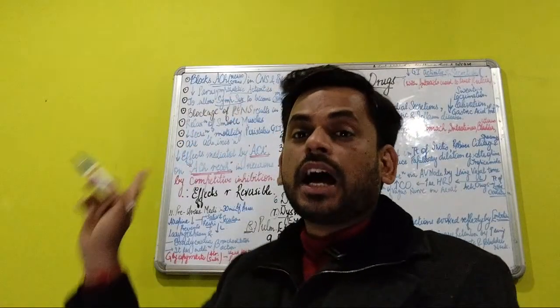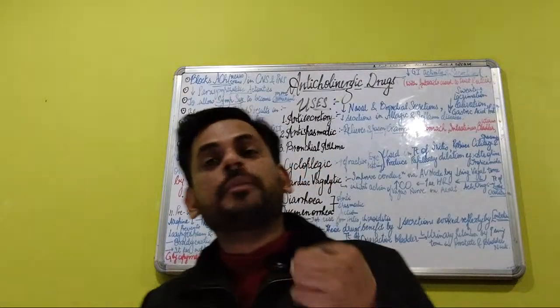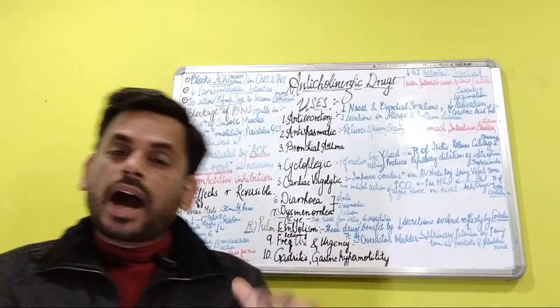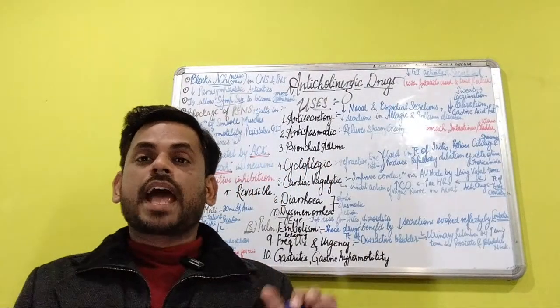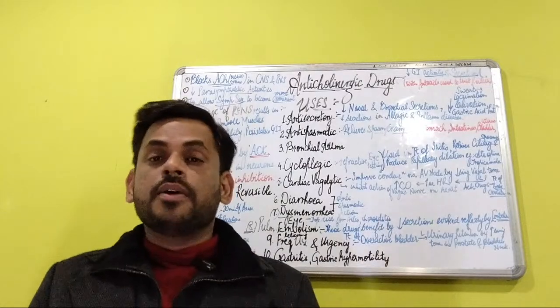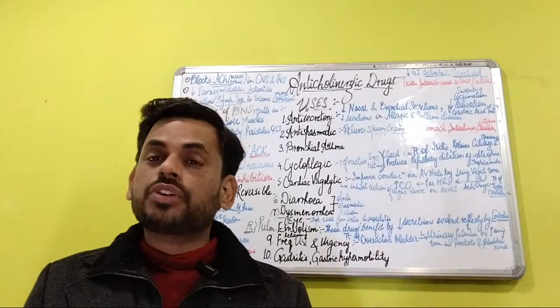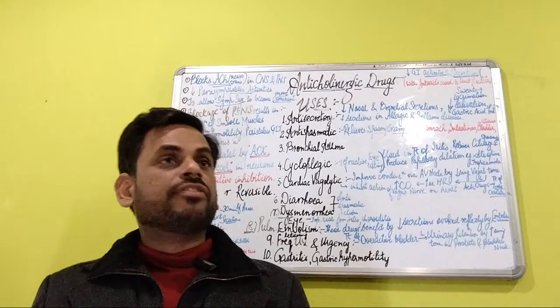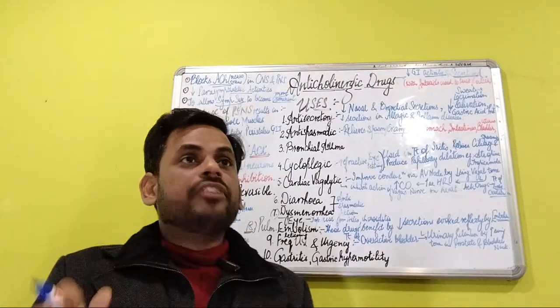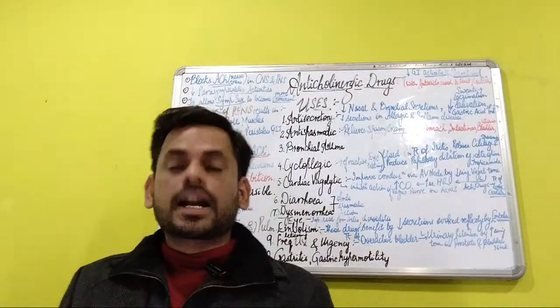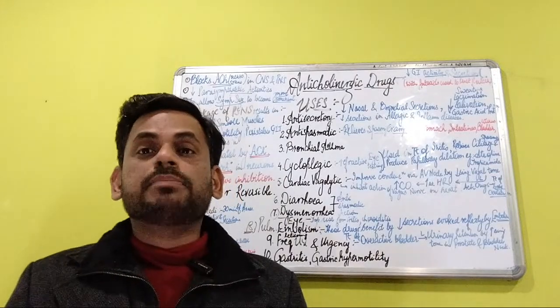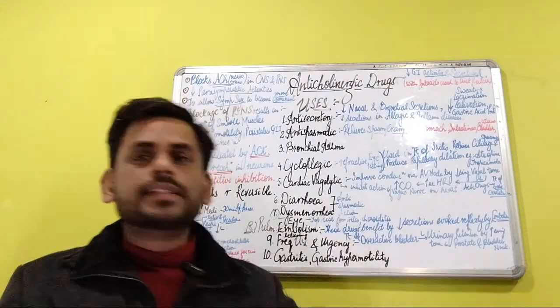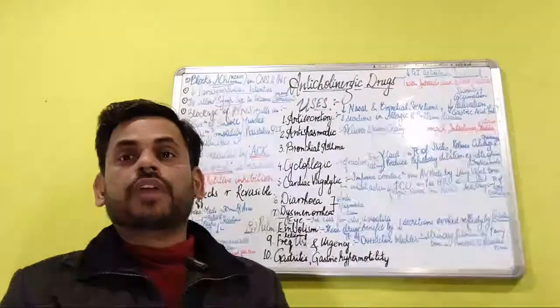Our sympathetic system gets triggered when we are in a condition of danger. For example, if we are walking on the road and suddenly a dog starts barking and running towards us.